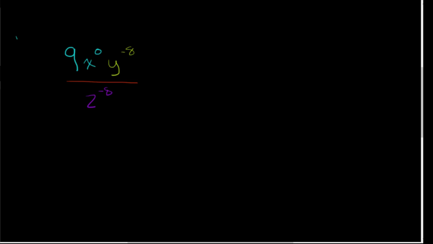So the first thing I notice is that x to the 0 is the same as 1, so we can rewrite this as 9 times x to the 0, which is just 1, times y to the negative 8, all over z to the negative 8.